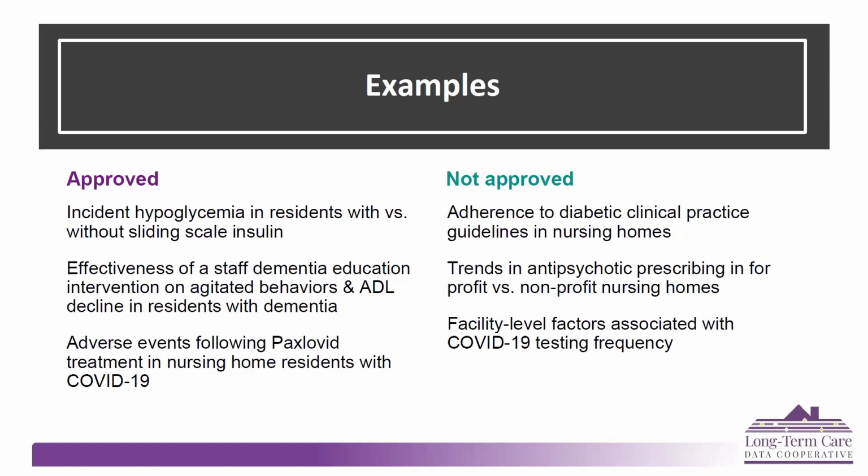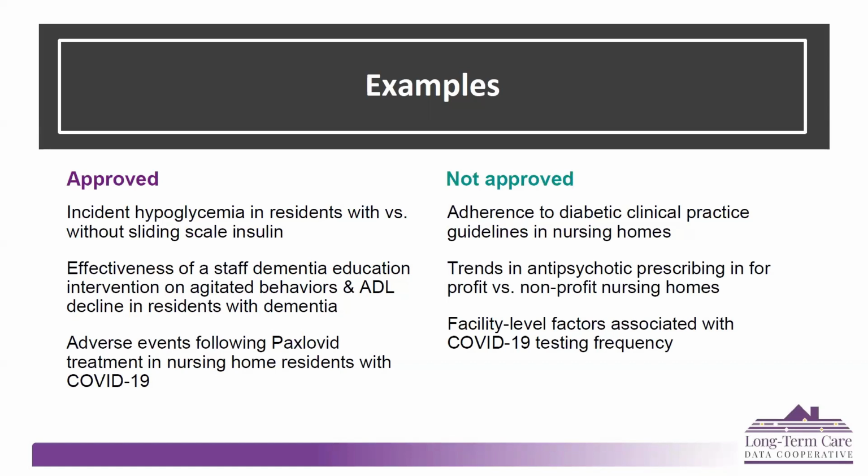An example that wouldn't be approved would be looking at adherence to diabetic clinical practice guidelines in nursing homes. That's more of a compliance or trend study over time. There's not a treatment or exposure there. So that would not be an approved use.